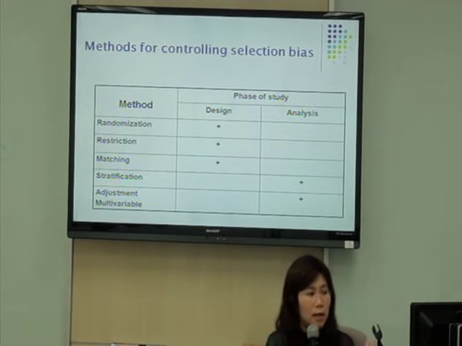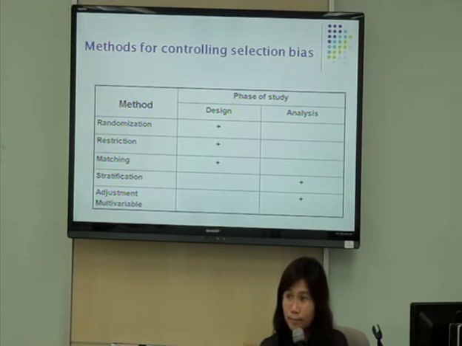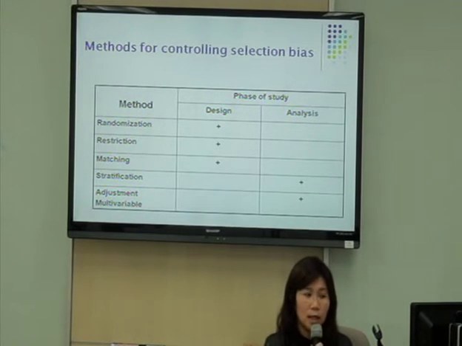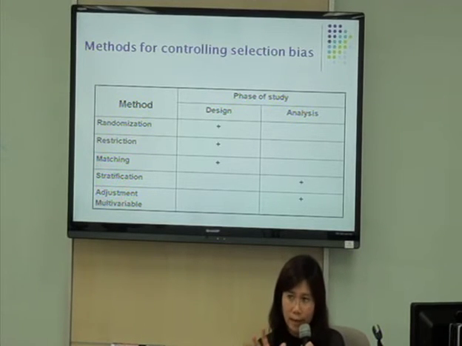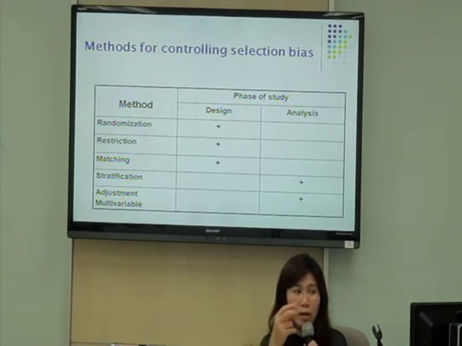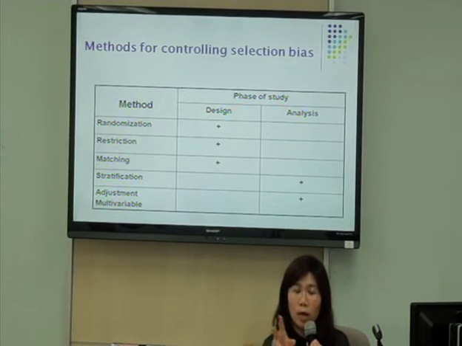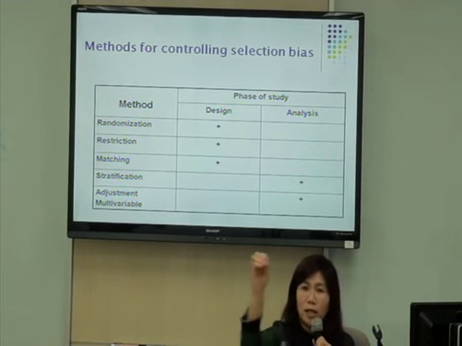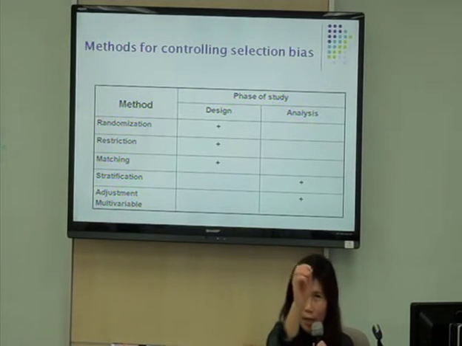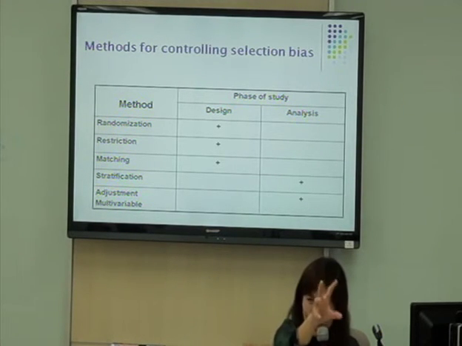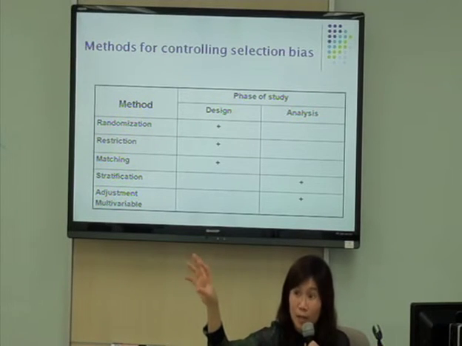The third way is matching. Matching means that you might use some scoring, or some characteristic, to match between exposed and non-exposed. For example, you worry about gender. Exposed is smoking, non-exposed is non-smoking.